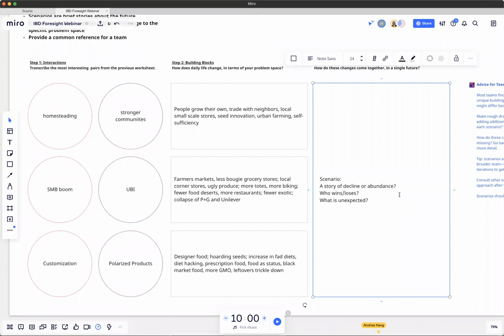We've got this really delightful local place up here, and this dystopian designer food place down here. Those things might coexist in some way in this future. So as we try to put these into a story, is this a story of decline or abundance, or of both in some way?